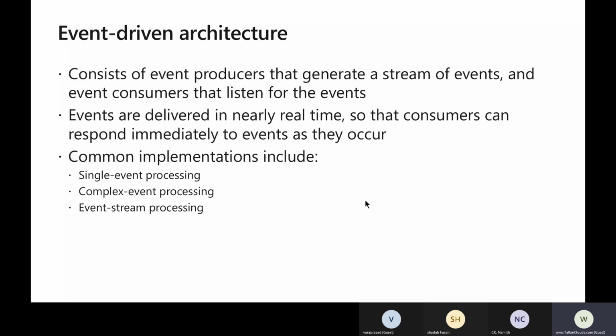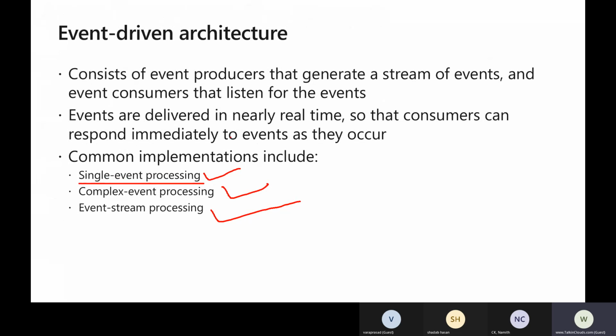You can stream your events, and from the event streaming, you take that data and later process it. Actually here you can see you have single event processing, complex event processing, and event streaming. What is single event processing?